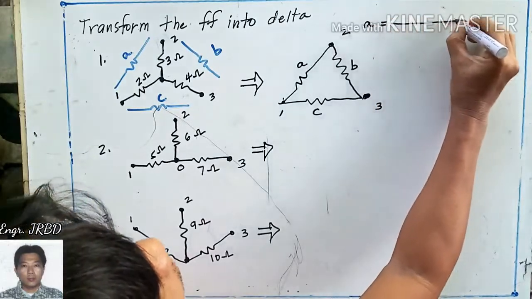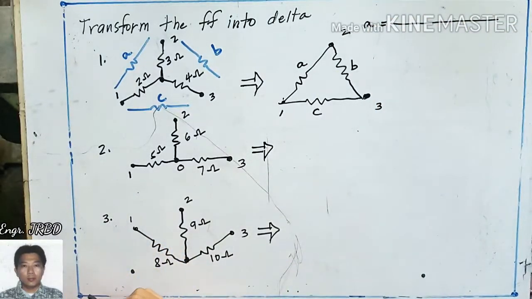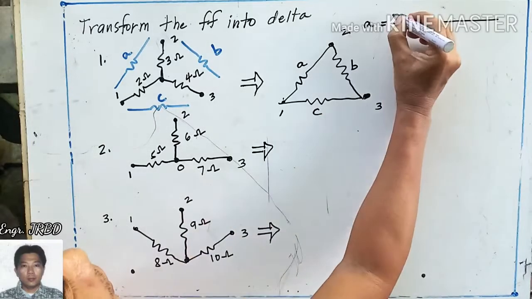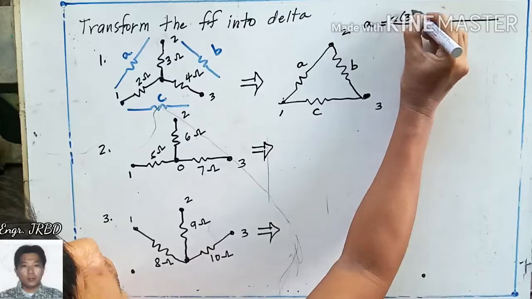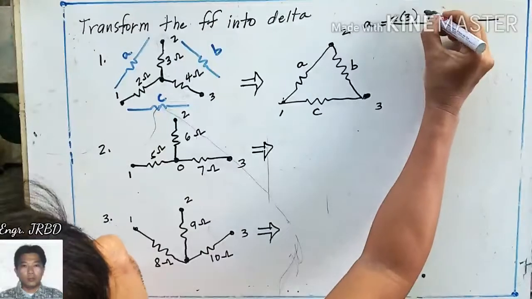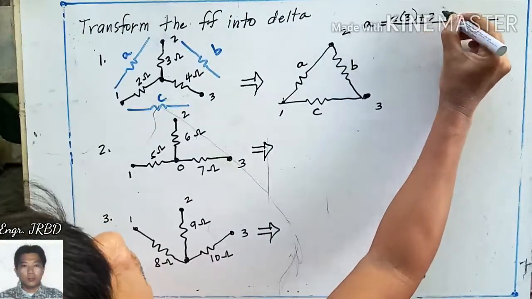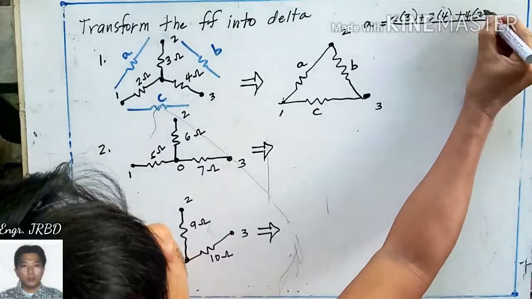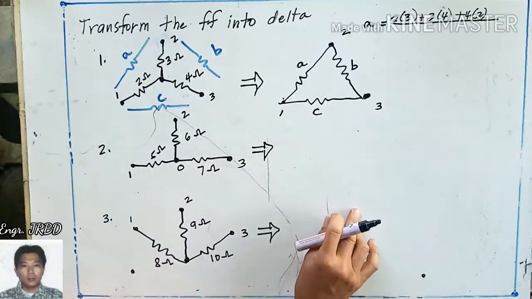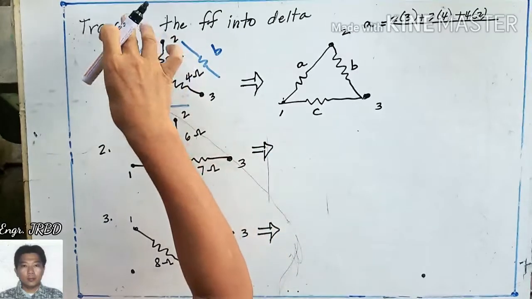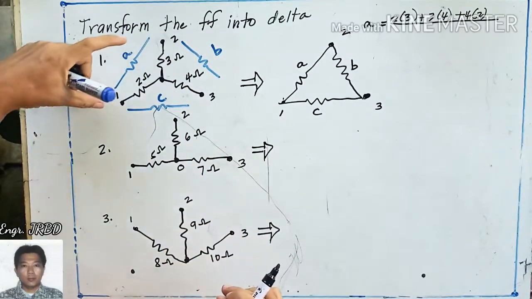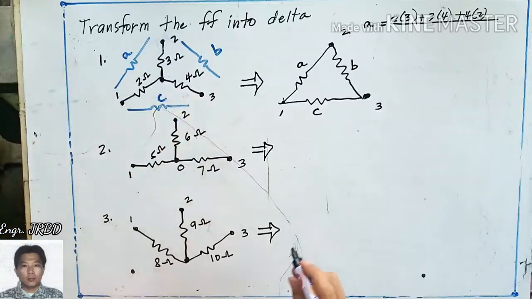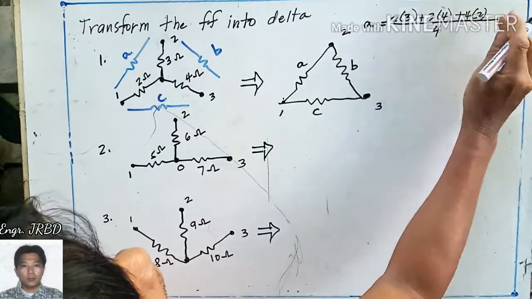If you try to recall the rule, from the rule, sum of the products taken 2 at a time. So this is 2 times 3 taken 2 at a time, plus 3 times 4 plus 4 times 2, divided by the opposite leg or the third unused leg. We have used legs 1 and 2. The other third leg is your denominator.